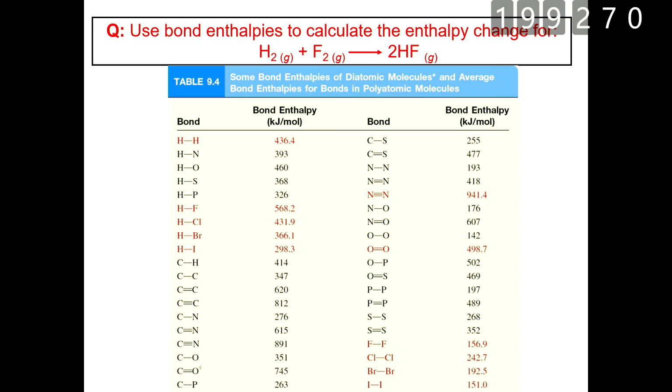This one, right? And then from here, for the products, it is two HF bonds, so it should be times 2. So how do we get the answer? Anyone want to try? Reactants minus the products.